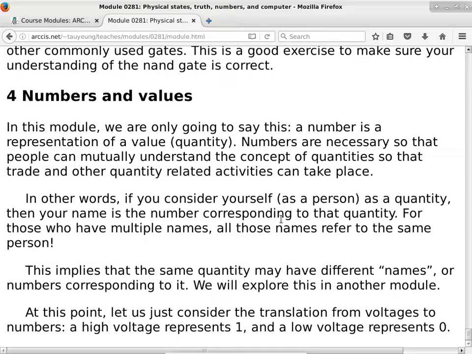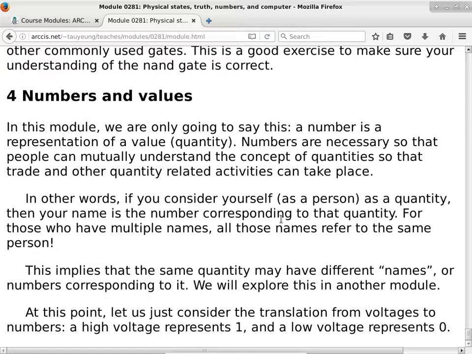But when I ask you and you have to answer the question and say 4 in English, that is a number. In other words, a number is used when you need to communicate the concept of a particular value with another person, with a computer, or something else. But the internal representation of that quantity in your head is what the value really is.